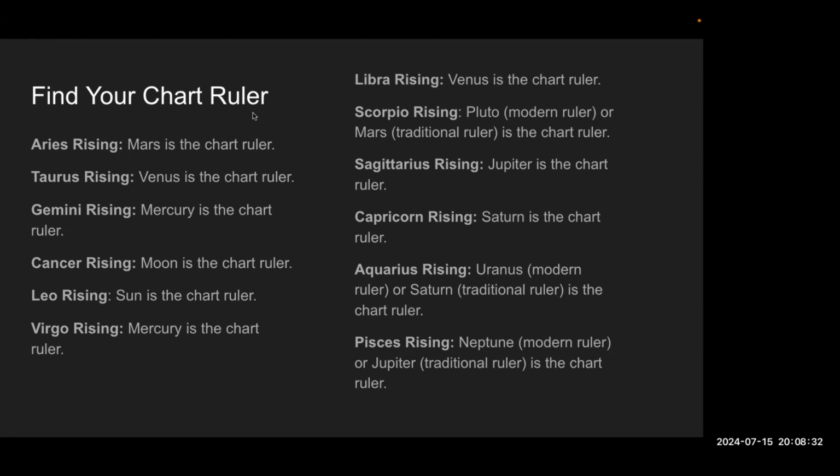But just for simplicity reasons, I say, what planet are you ruled by? And if you're ruled by the moon or the sun, meaning if you are a Leo rising or a Cancer rising, you'll be ruled by a luminary instead. But you're absolutely right, Jess. They are considered luminaries.